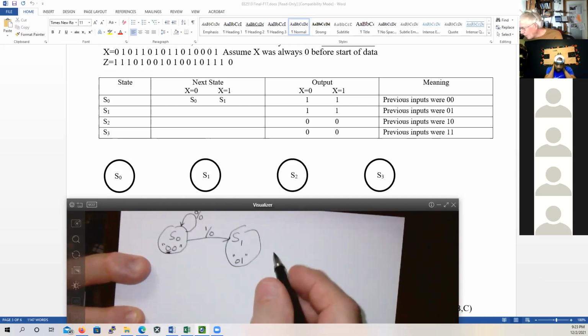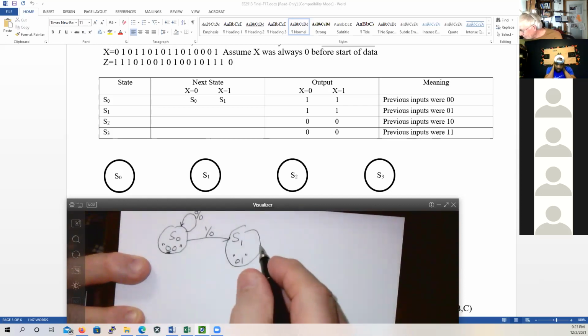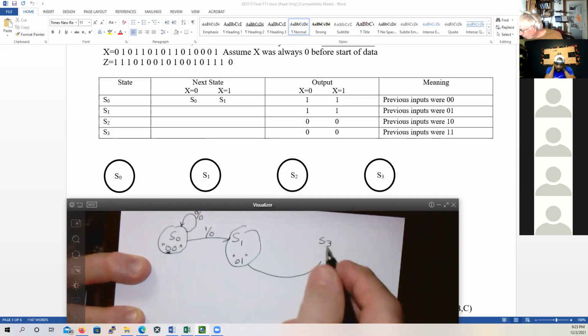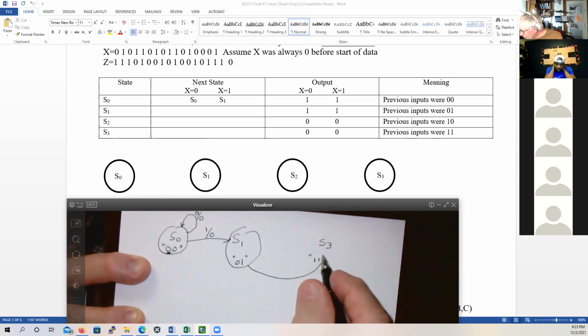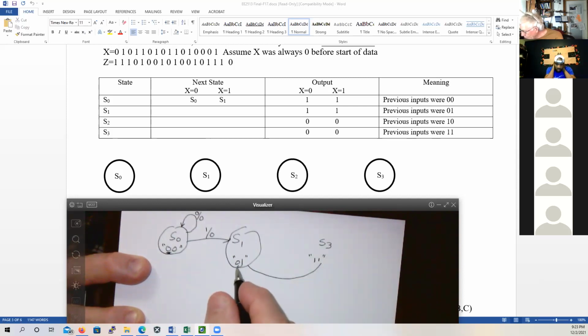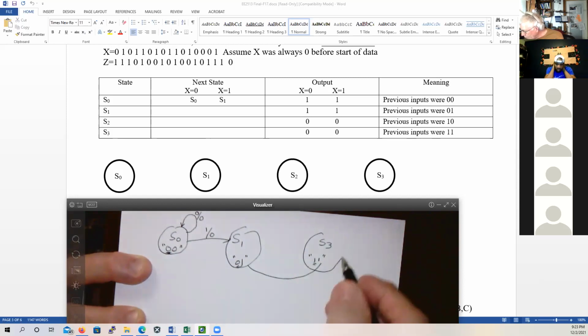All right. Okay, so if we get a 1, then we're going to have to go to S3. And because of our last 2, this one slides over and then the next one pops in. So this will be the oldest one now. So that's what we're remembering in S3.